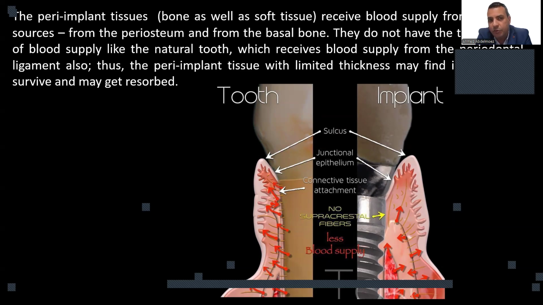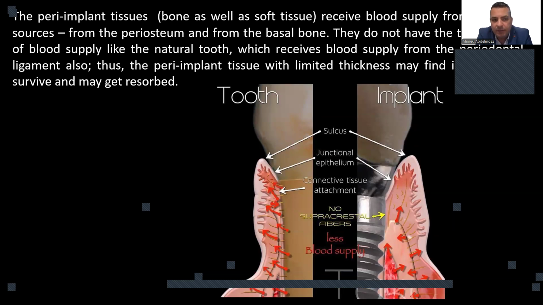They don't have the third source of blood supply like the natural tooth, which is the periodontal ligament. Thus, peri-implant tissue with limited thickness may find it difficult to survive and may get resorbed due to deficiency in blood supply.